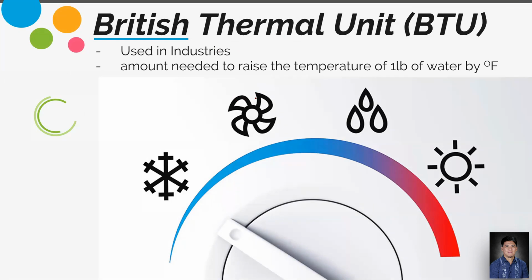The BTU, or British thermal unit, is the amount needed to raise the temperature of 1 pound of water by 1 degree Fahrenheit. So that is the third unit of heat. Those are the units that are being used for heat or thermal energy.